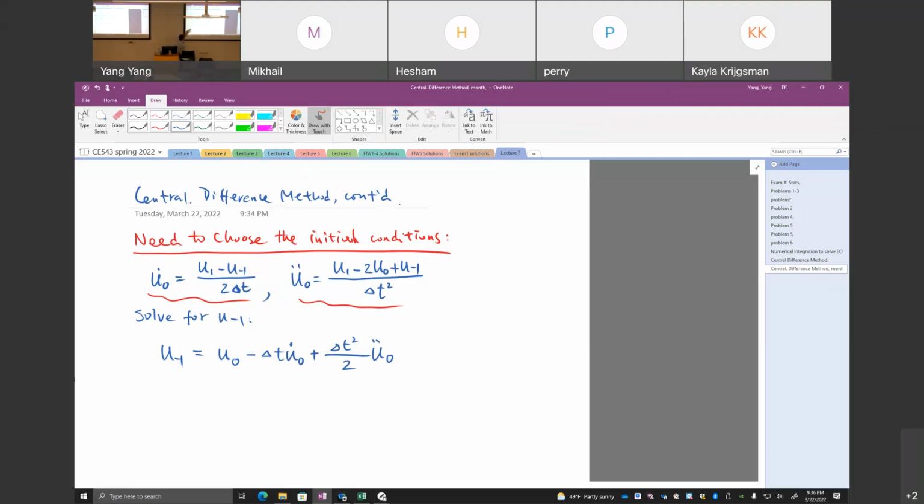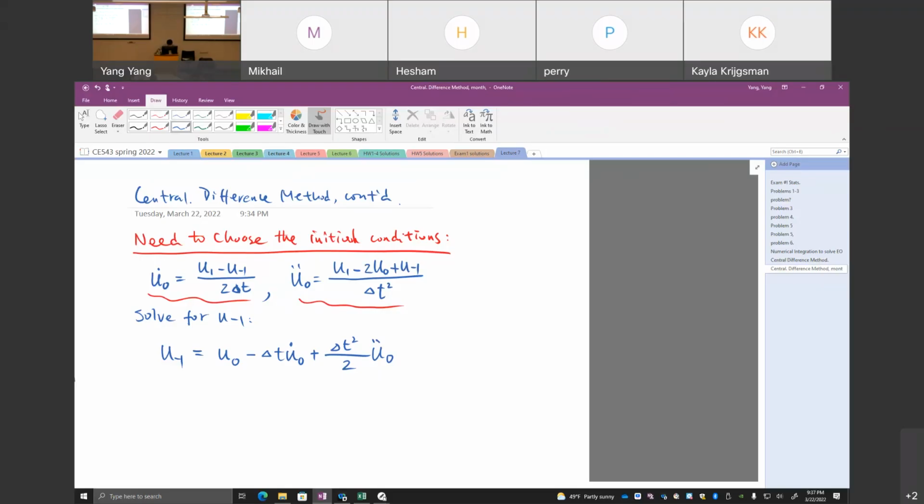U minus 1 does not have any physical meaning, it's just a mathematical number here. But we can solve for it based on the central difference equation, because we know the velocity and the acceleration can be expressed in those two terms.